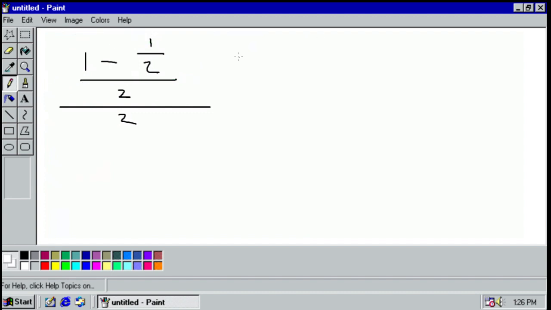Now, let's solve 1 minus 1 half. We can change 1 to 2 over 2 so that we have like denominators.